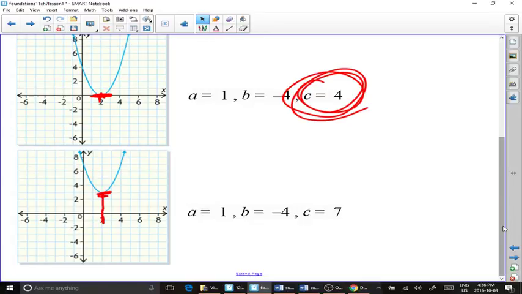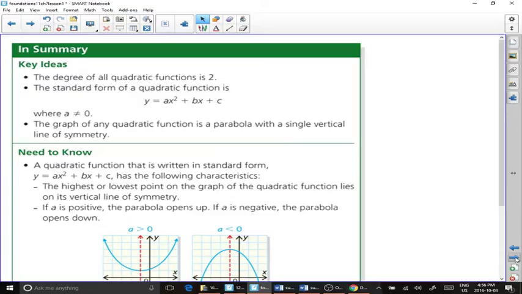Okay? So now we're just looking at summarizing what we've talked about here with quadratic functions. When we talk about quadratic functions, we might want to talk about the degree. In grade 9, you should have talked about the degree of a polynomial.